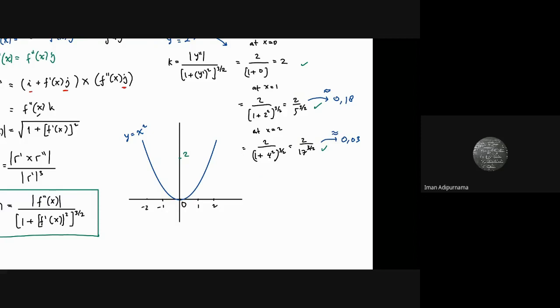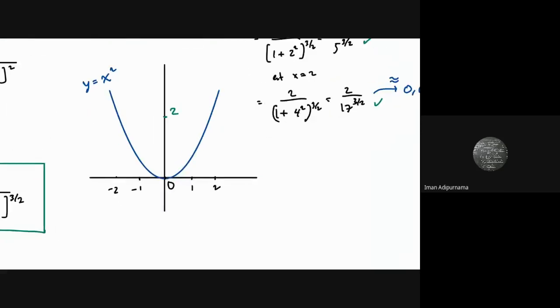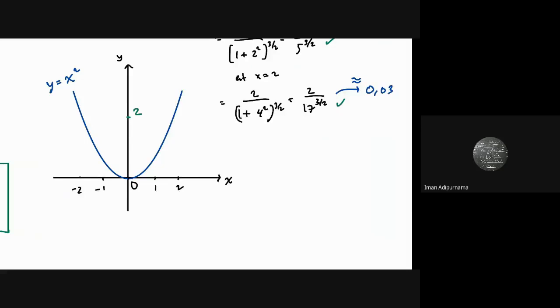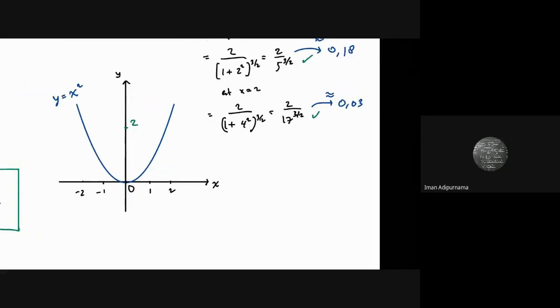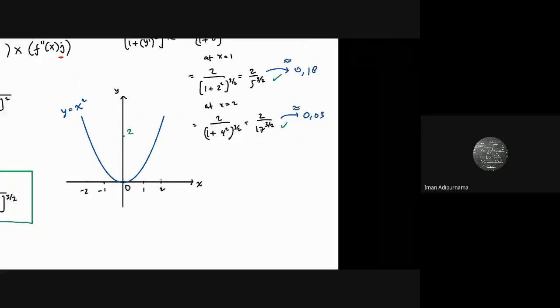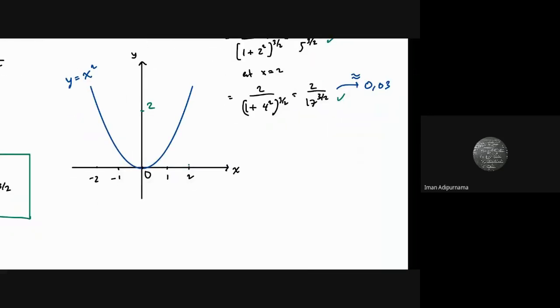Because it's symmetrical, it should be the same on left and right. So this is y, this is x. So maybe 0.0 is around here, and 0.1 is maybe here.